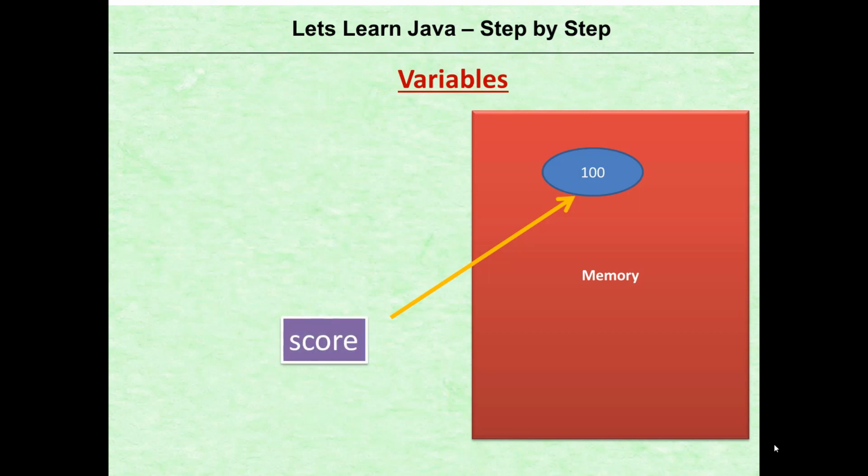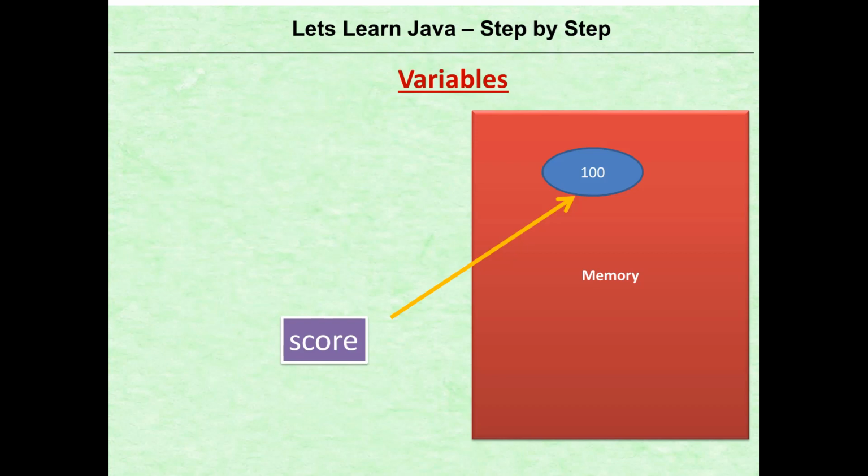You would use the score identifier to refer to this value whenever you need to access it. Through that identifier score you could change the value to 100, 10, 120 or 80.